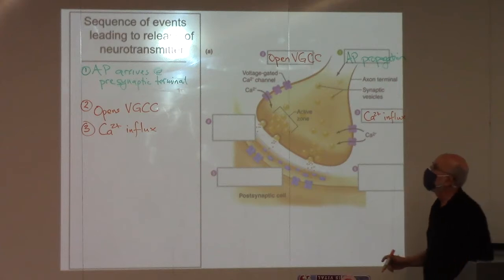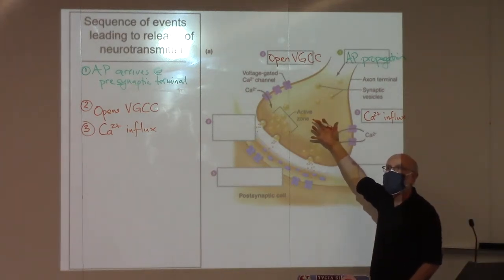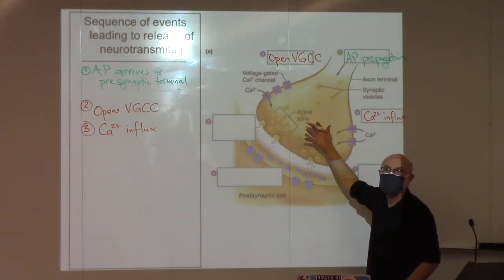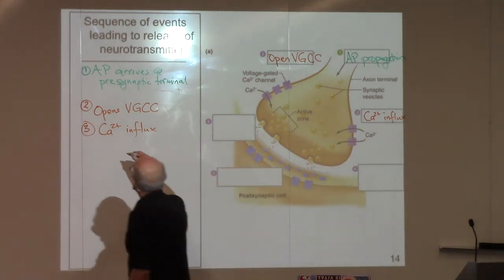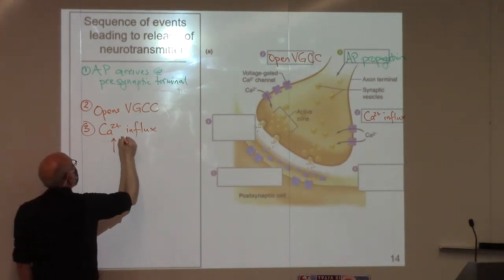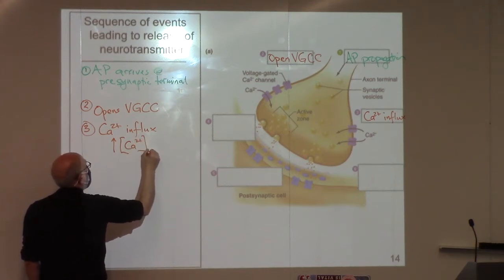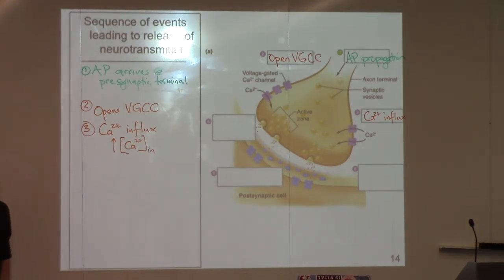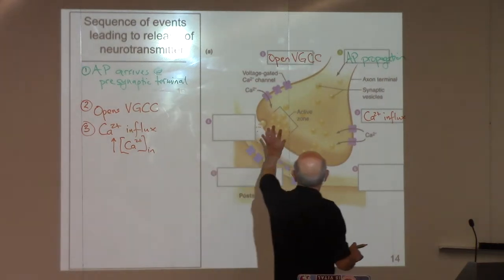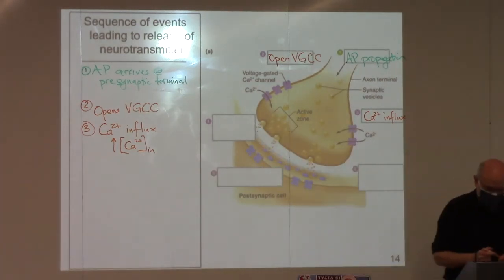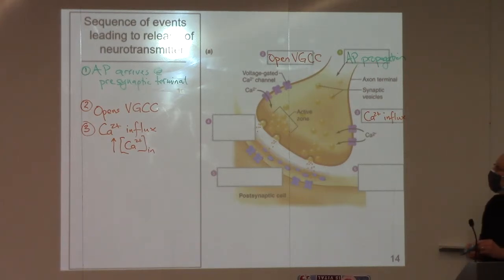So what happens to the cytosolic calcium concentration? It goes up. So an increase in the concentration of calcium on the inside. What does that calcium bind to? I'm getting to step 4. There's a name of a protein that you learned about in cell phys.